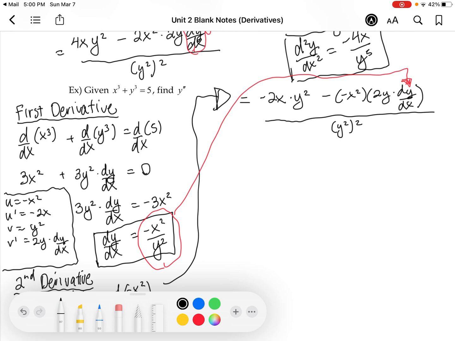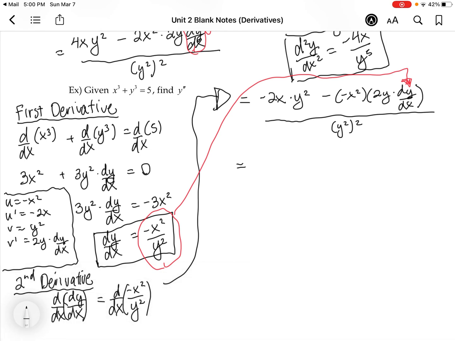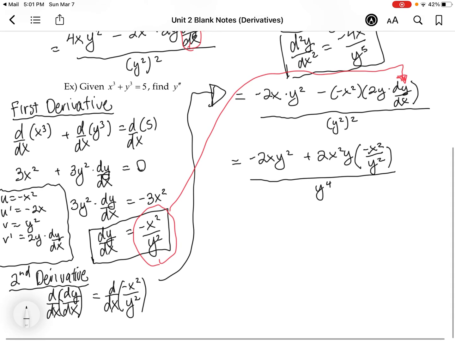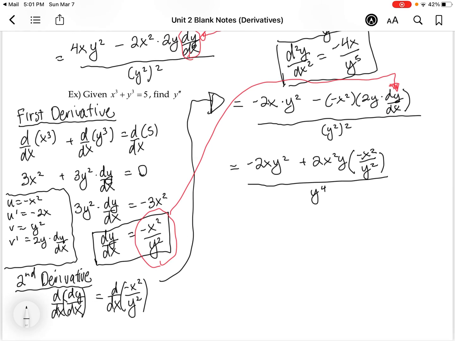And then basically we're going to do some simplification. So this is negative 2xy squared, and then we've got negative x squared times 2y, so plus 2x squared y times negative x squared over y squared, over y to the 4. It's looking quite similar to the last one. Again, in the second term in the numerator, one y cancels with one y in the denominator.